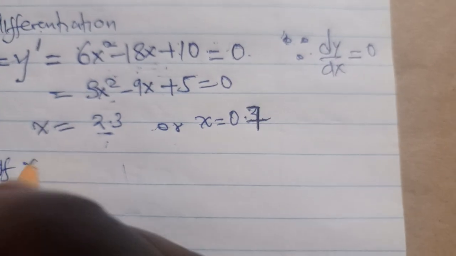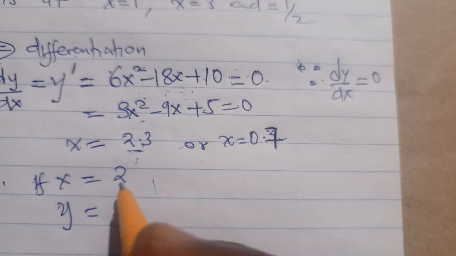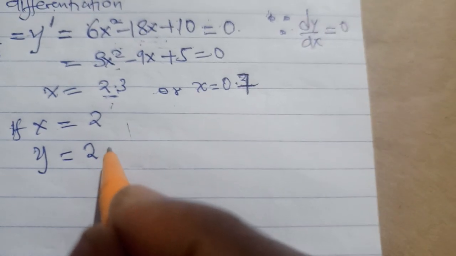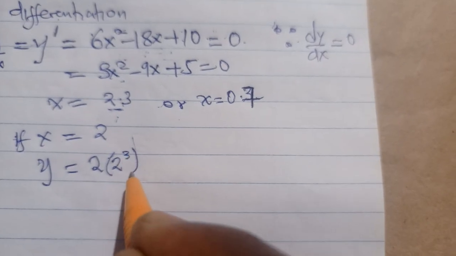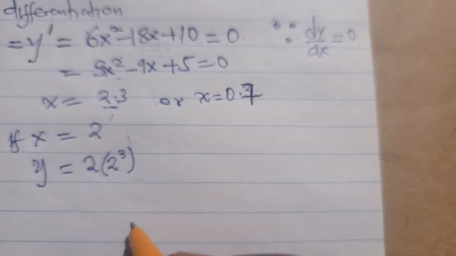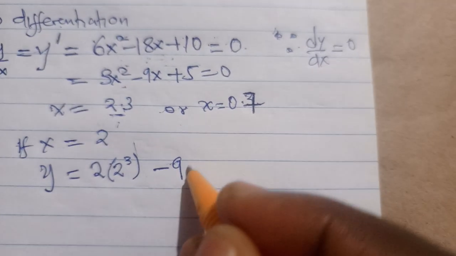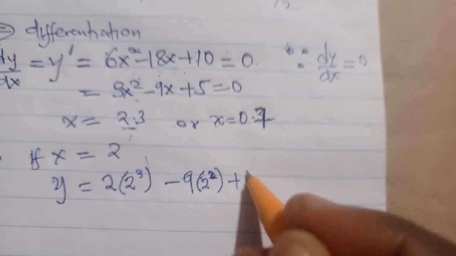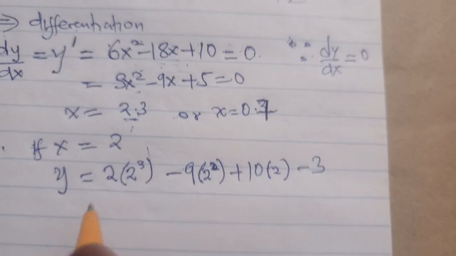If x is equal to 2, taking 2.3 as 2, then y is 2x cubed, which is 2 cubed, minus 9x squared, which is 9 times 2 squared, plus 10x, which is 10 times 2, then minus 3.